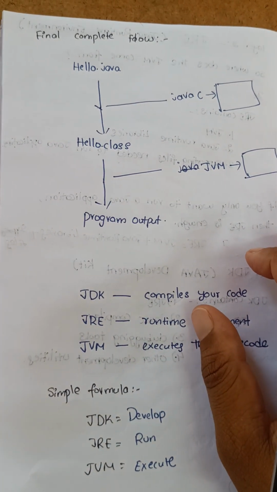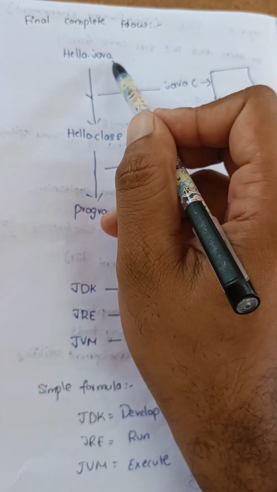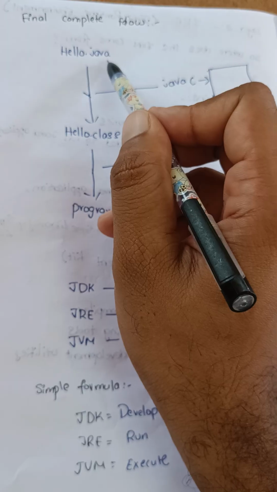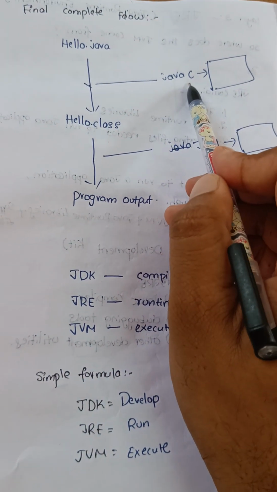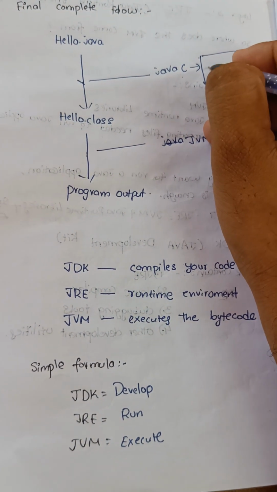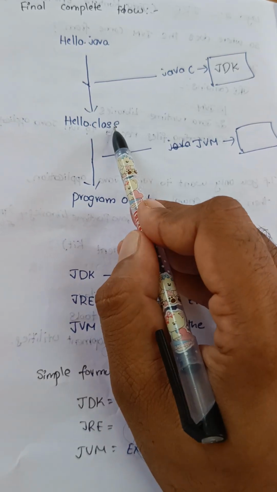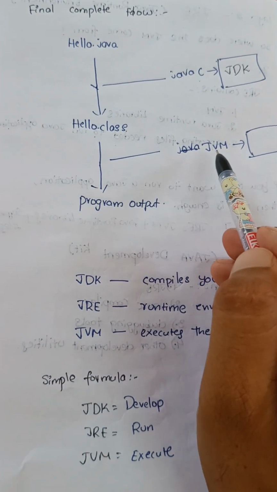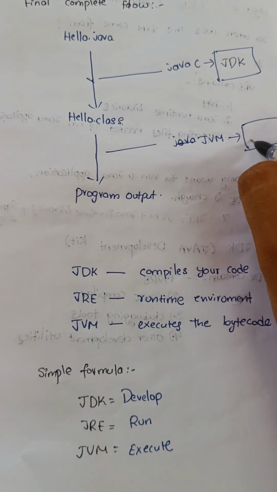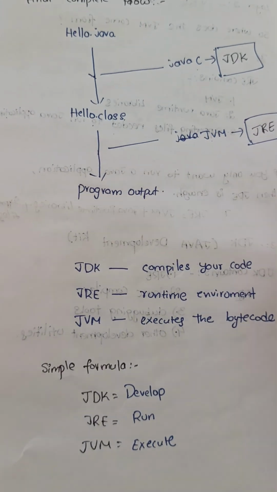So coming to the full picture, the hello.java file is converted into the hello.class file using the javac compiler, which is part of JDK. Hello.class is converted into program output using the JVM, which is part of JRE, which is inside the JRE.